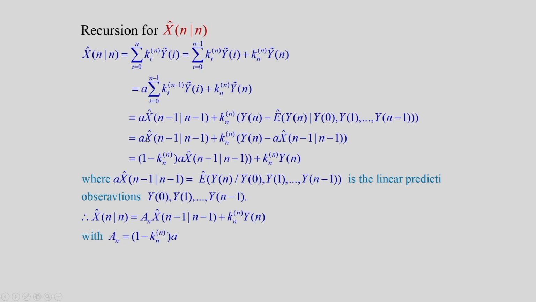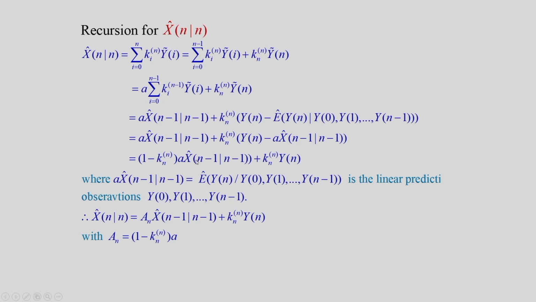So, this is the relationship we obtain, that is current estimator is related to the previous estimator. And if we take out this x at n minus 1 given n minus 1, we can write here (1 minus k_{n,n}) into A times x at n minus 1 given n minus 1 plus k_{n,n} times yn. So, that way this is the recursive relationship.